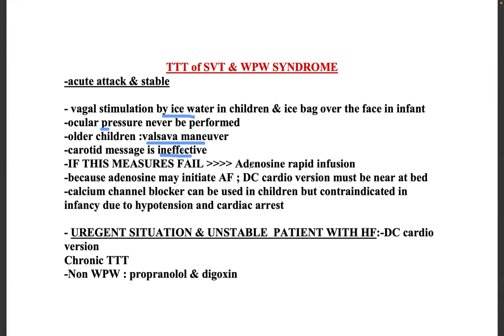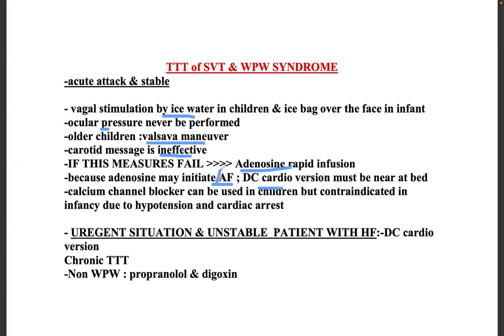If these measures fail, then you will go for adenosine rapid infusion. Adenosine may initiate atrial fibrillation, so DC cardioversion must be near the bed. When you give adenosine to stop SVT, there can also be AF.